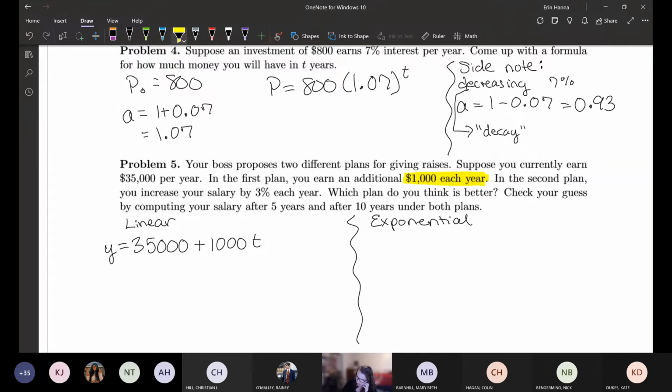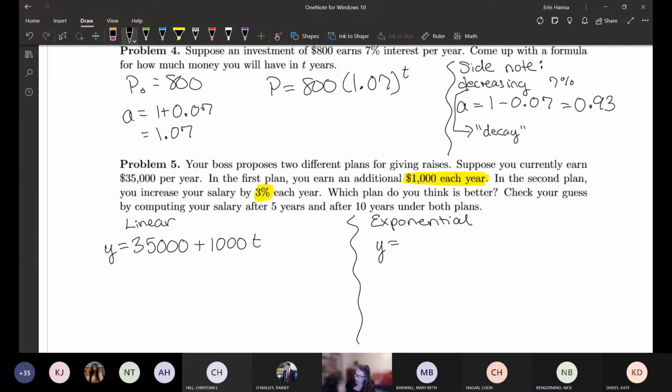What tips me off to the fact that it's exponential is that it says 3% per year. I know it's still per year, but that value is actually going to change because the 3% is going to be on whatever your current salary is. And if your current salary is increasing, then the 3% of your current salary is going to change every year. So since it's a percent and not just a set value, that tips us off that it's exponential.